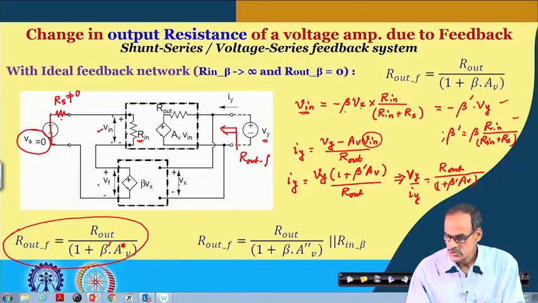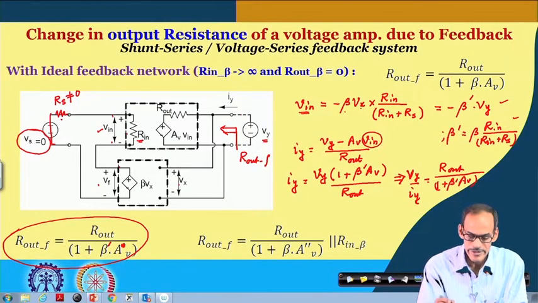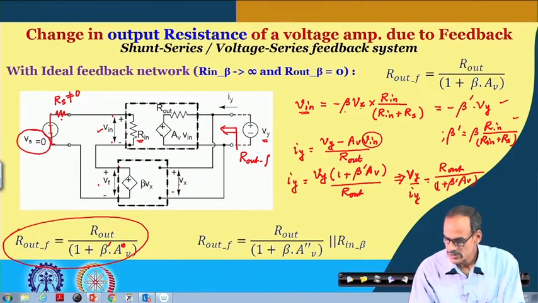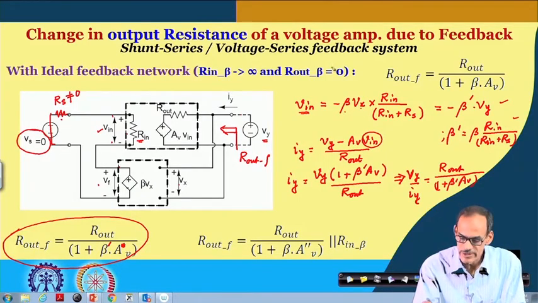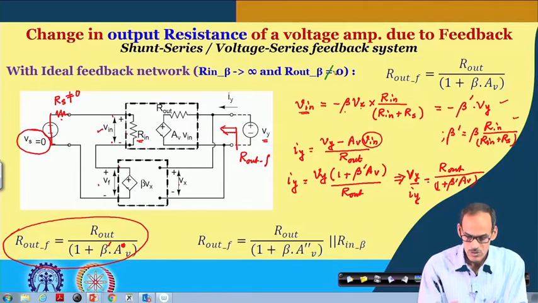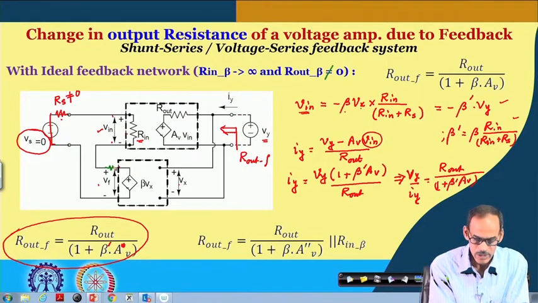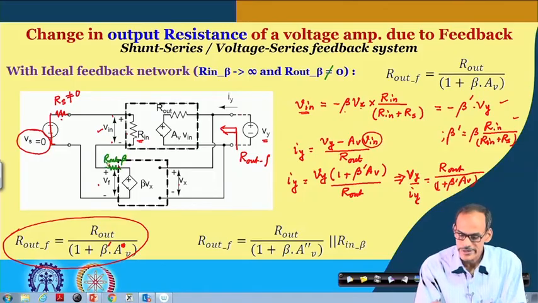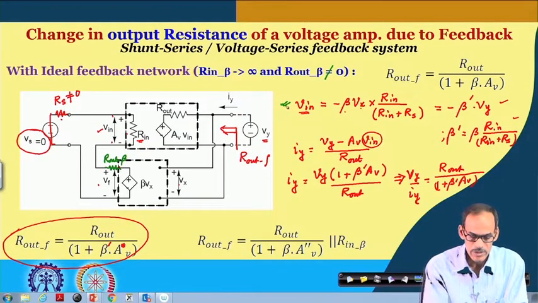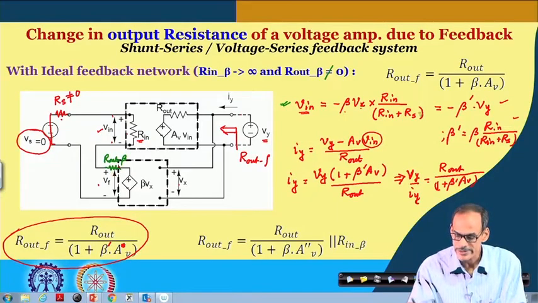Now, if we also have to consider a finite value of this resistance, so, if I include this resistance as well, if I consider R out of the beta network, R out beta, then this relationship will change. R in will be there, and then R s and R out beta will come in series.